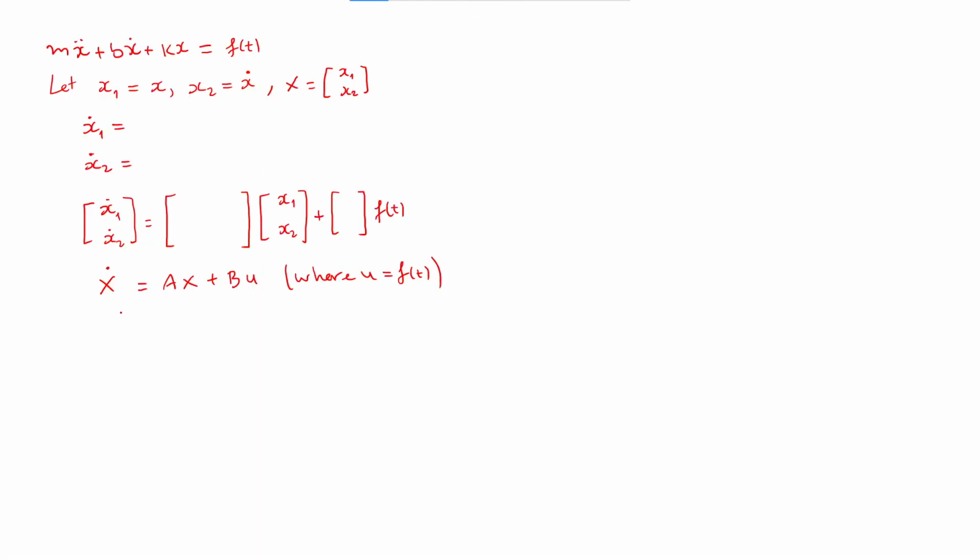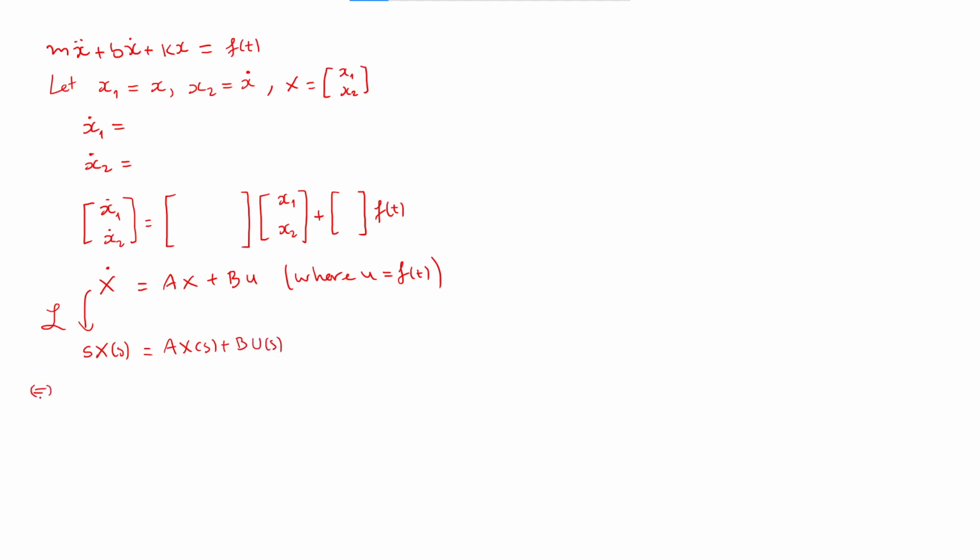Once you have a state space representation for the continuous system, then you can use the Laplace transform. Then you have s H of s equal to A H of s plus B U of s.